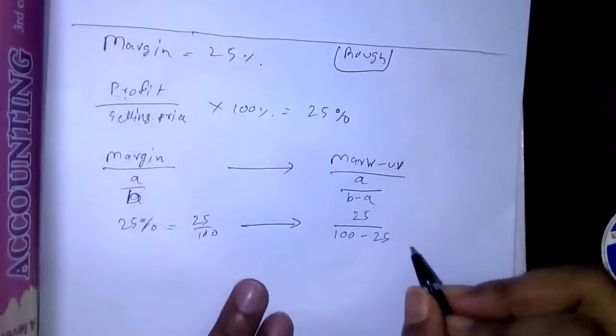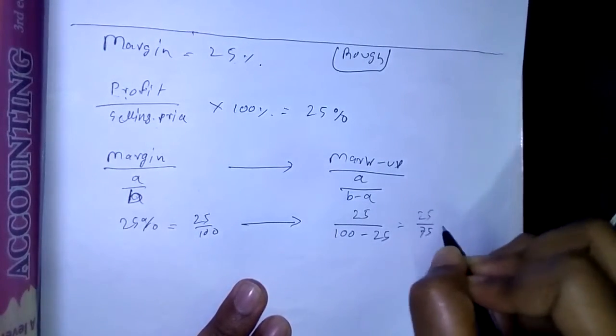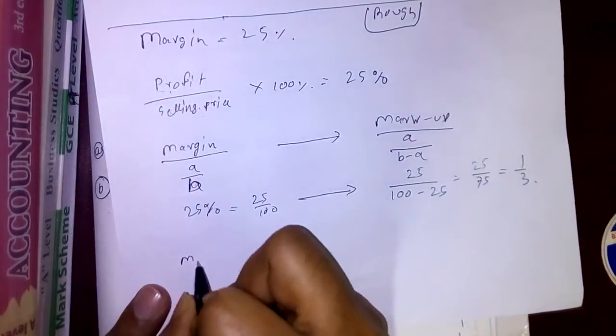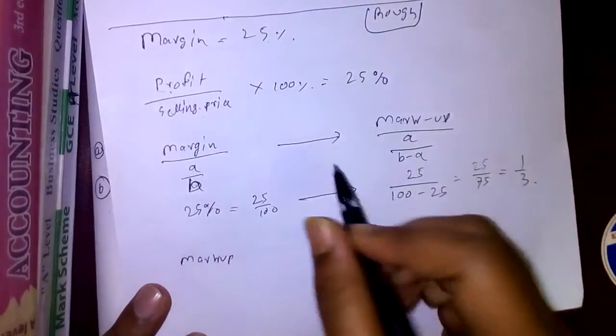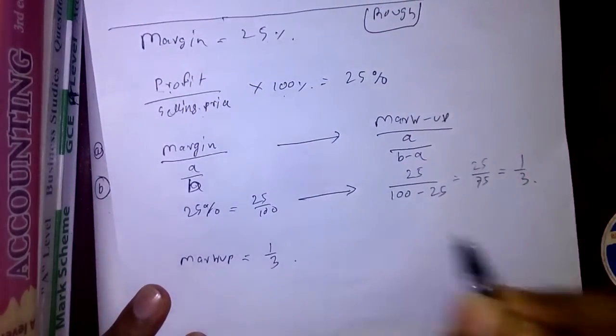So the answer will then be 25 divided by 75, that is 1 by 3. So from the value given of the margin, we can now know the markup, which is 1 by 3.